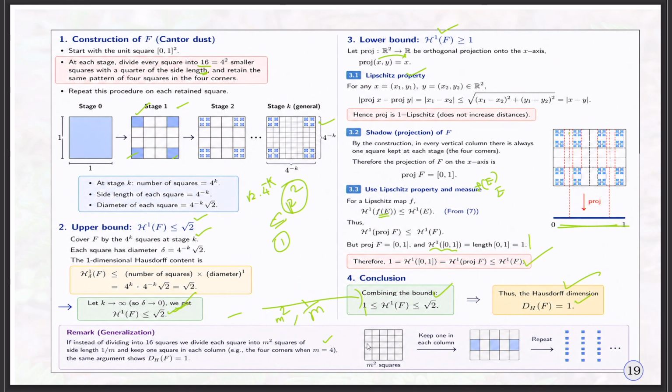If you have m squares, then in each column you can keep one square, anywhere. The same argument shows that this type of set has Hausdorff dimension 1. Now we took a subset of R^2 and its Hausdorff dimension is 1.